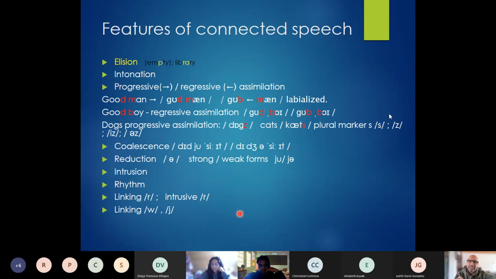So I wouldn't say we have to use only strong forms for content words. I think it just happens because they are so important for communication. And function words are the ones that have the two forms, strong and weak. In general, we tend to use weak forms for function words, unless you want to emphasize an element in an utterance. I'm going to your house, not to Jane's. To your house. Exactly.